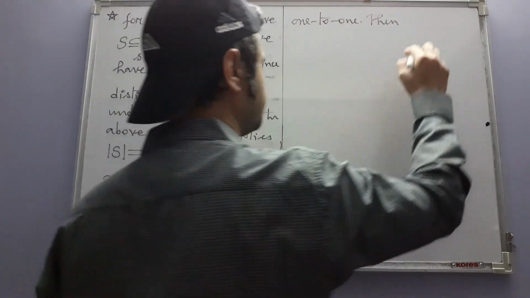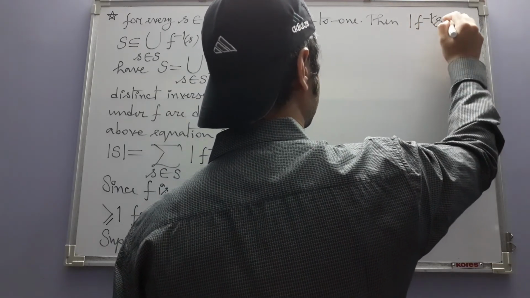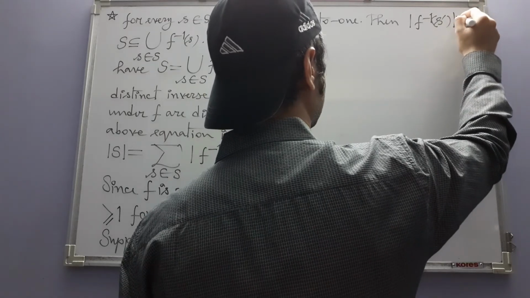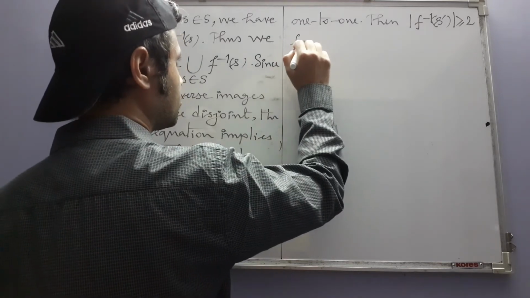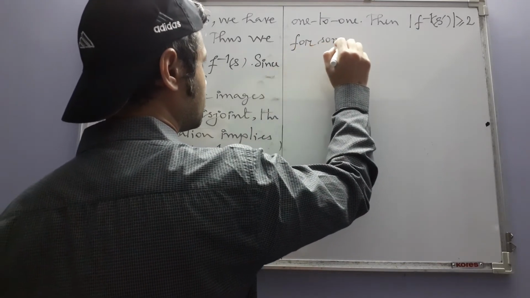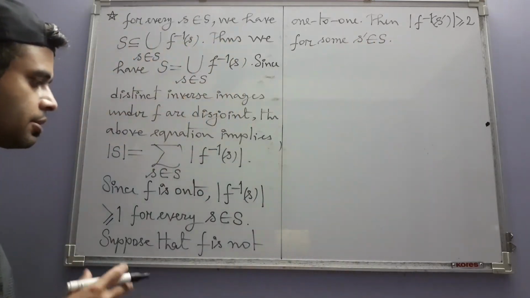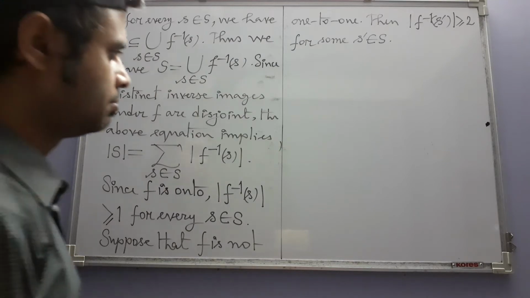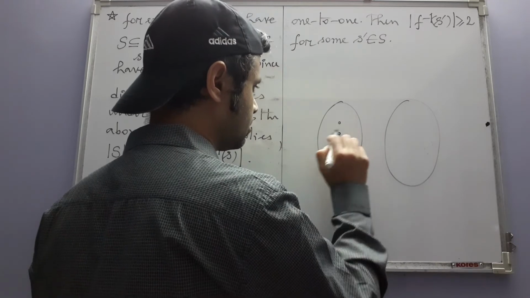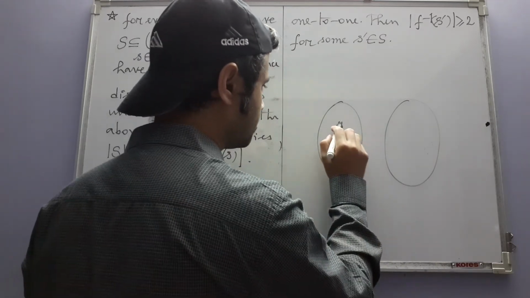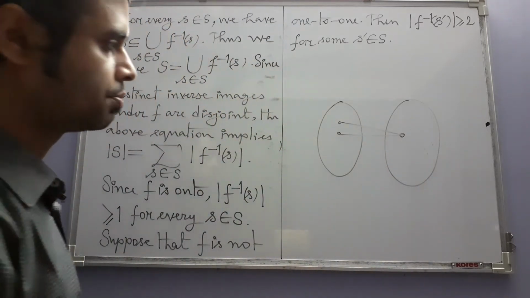Then there will be at least one inverse image which has at least two elements, because then only one-to-oneness will break. Lack of one-to-oneness means what? You get at least two distinct inputs which give you the same output.